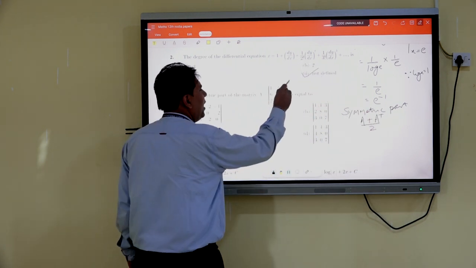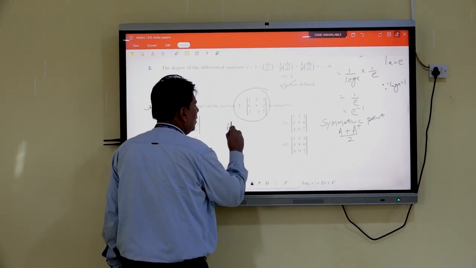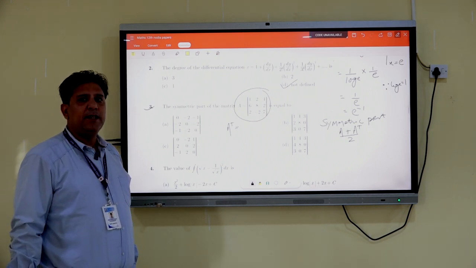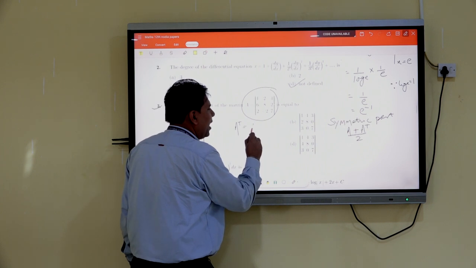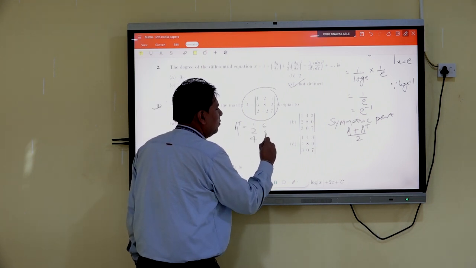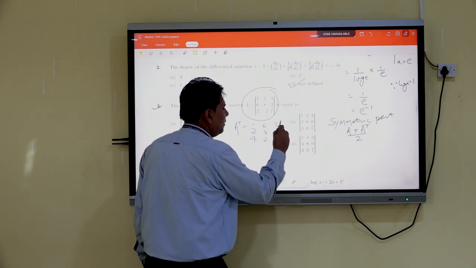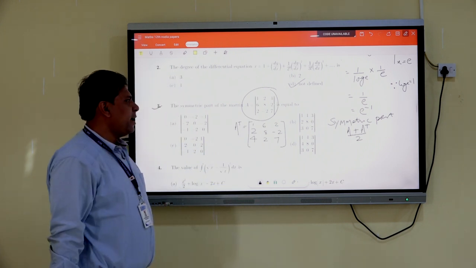So this is the value of A given. So how to find the value of A transpose? By changing rows to corresponding columns. So 1, 2, 4 we will write like this, first row to first column, then 6, 8, 2, then 2, minus 2, 7. Right. So this is the value of A transpose.